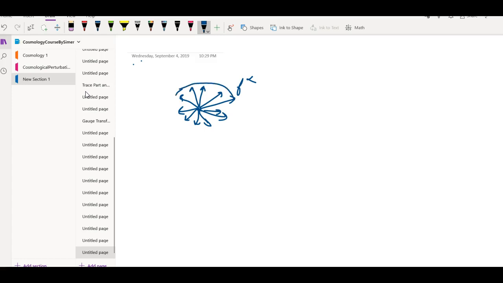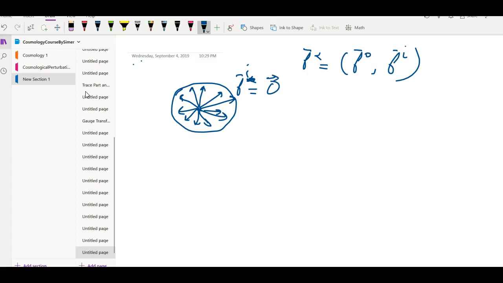What we are taking in the background is the average value of, sorry, not f alpha, but fi, because f alpha has 4 components: one is f0, and then the 3 spatial components fi. So the average value of fi will be 0. This is a null vector. Okay.